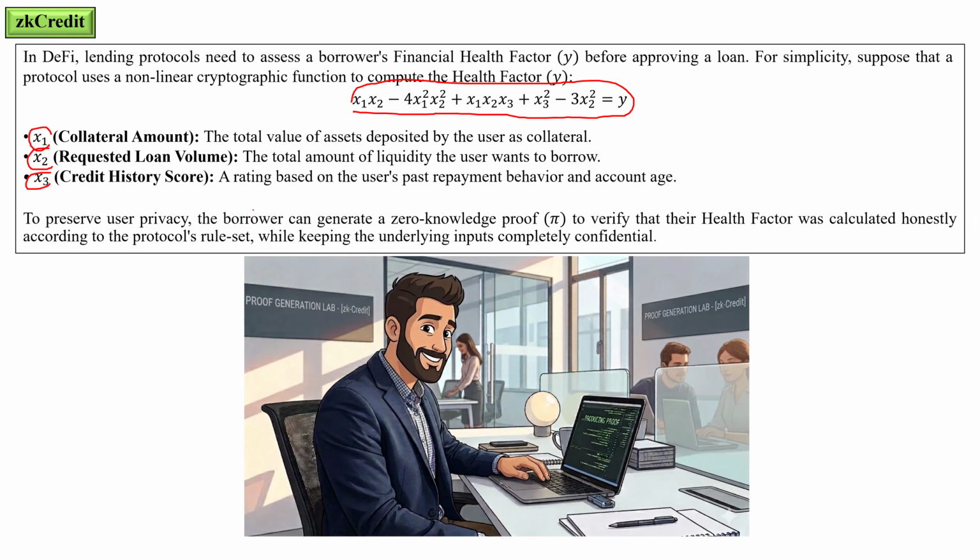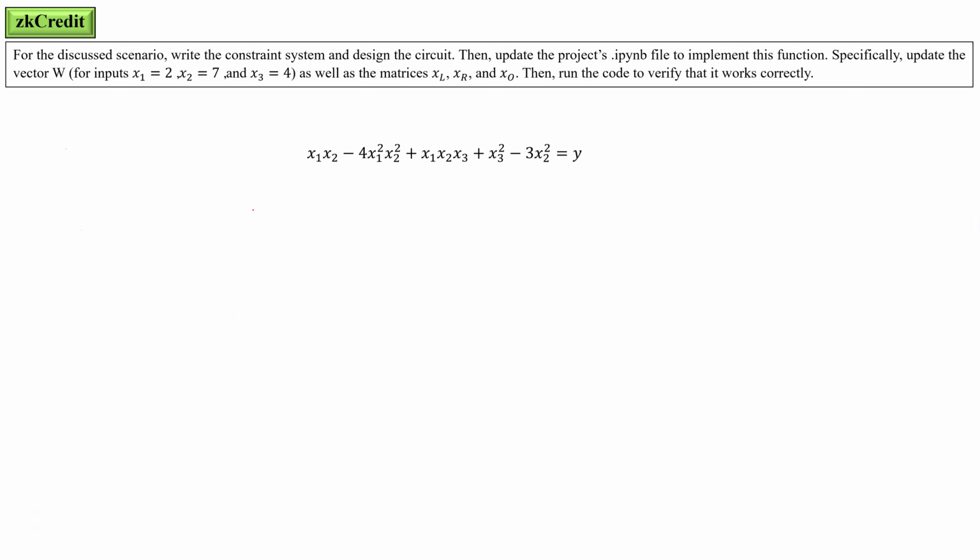However, the X1, X2, and X3 values for the user are hidden from the server. Okay, now we want to see how we can do that.